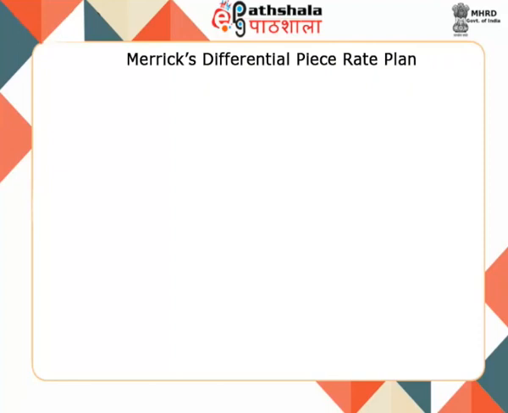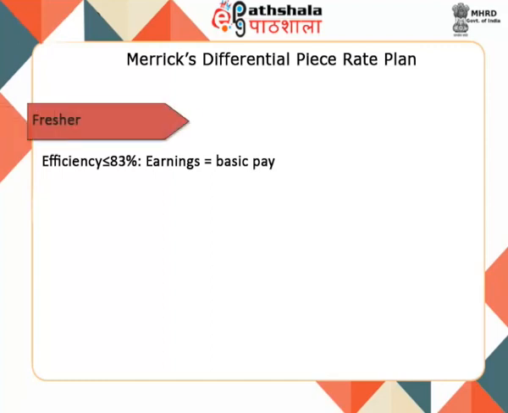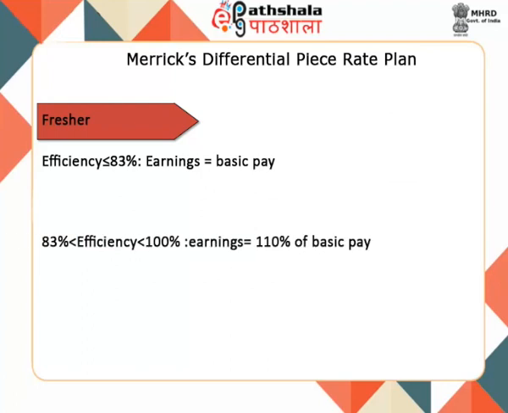Merrick's differential piece rate plan. Merrick modified Taylor's plan. He came up with multiple rates. When efficiency is up to 83%, earnings would be the basic piece rate for fresh workers. When efficiency is between 83% to 100%, then earnings will be 110% of basic piece rate for developing workers.